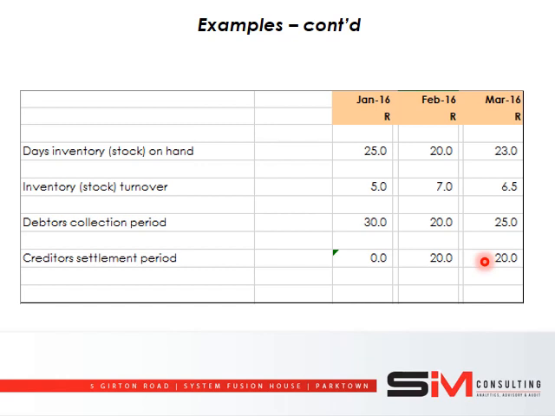Again, if you do the two comparisons of debtors and creditors for March 2016, the picture doesn't look very good, because you're waiting for your money for 25 days while you are paying people in 20 days, meaning that you're paying your creditors quicker. And these 4 will give you a holistic overview of how your cash, liquidity or working capital is doing.